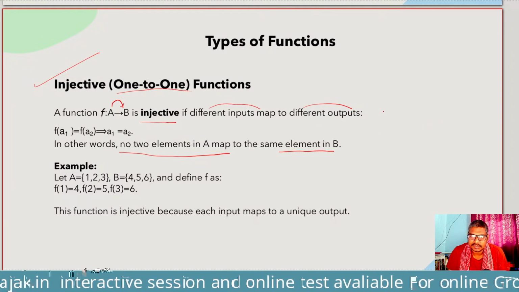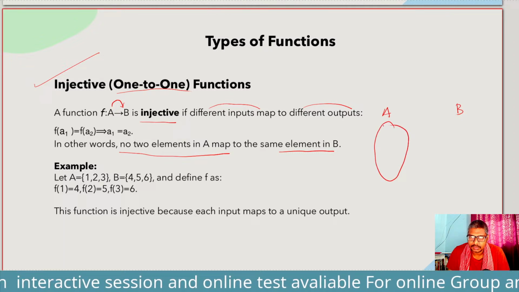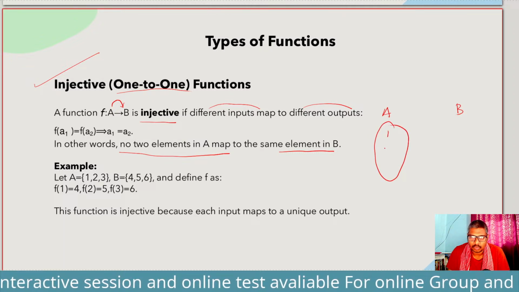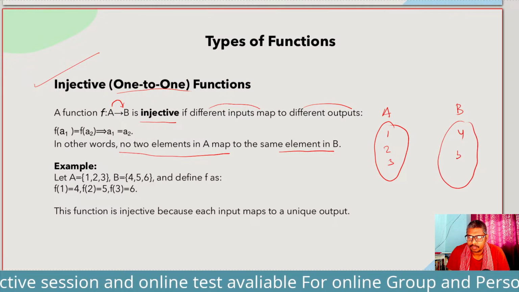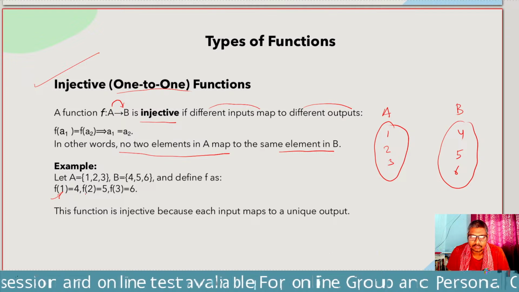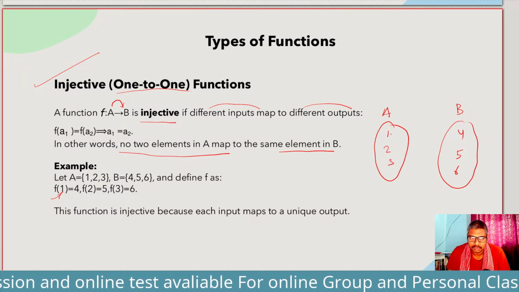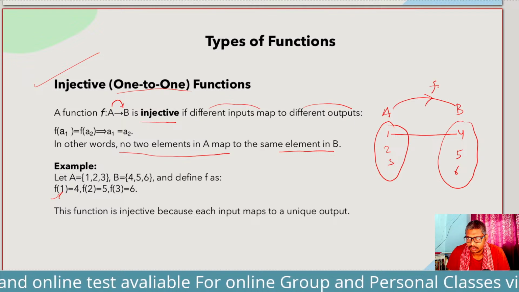Here, if you see, we have a set A and a set B. In set A we have 1, 2, 3, and set B is 4, 5, 6. When we put 1 as input, we get 4 as output.